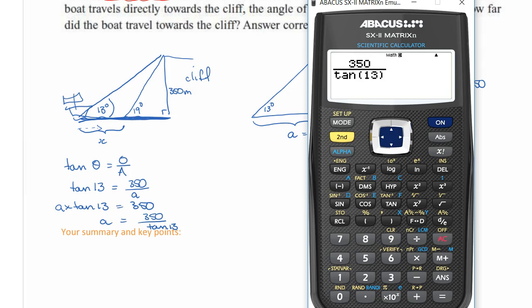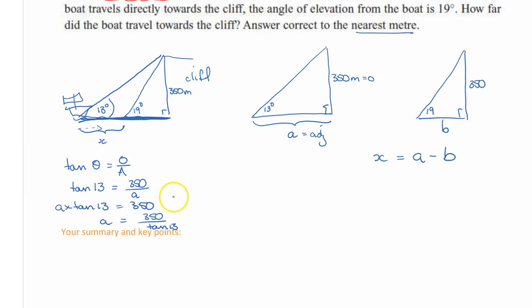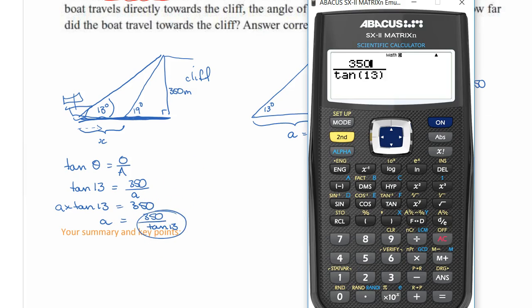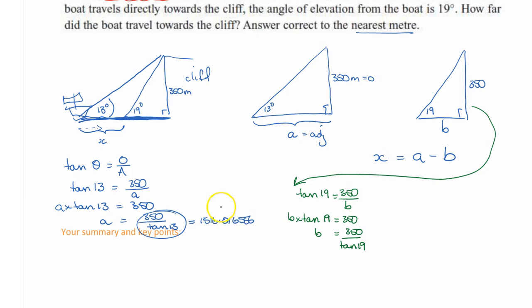Here on the calculator you can see I've put in this calculation, 350 over tan 13, and that is equal to 1516. So once we've got our answer for A, the full distance between where the boat initially was and the cliff, we now need to work out how far it is when the next observation is taken. Now we've called that B, the angle's 19.